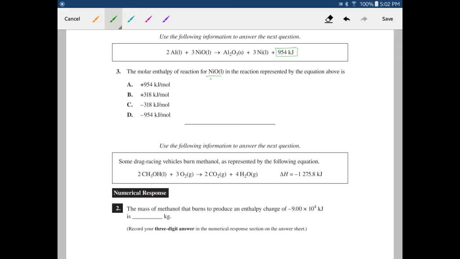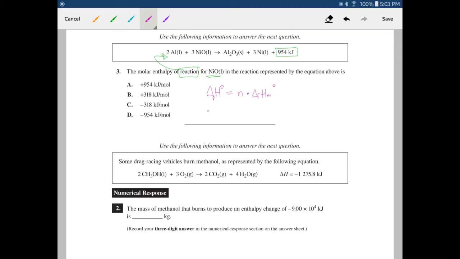Now, the molar enthalpy of reaction is specific to this reaction, so we can look at how many moles of nickel oxide we have, and the total energy that we have. So we can look at this equation: our enthalpy of reaction is equal to our moles times our molar enthalpy.